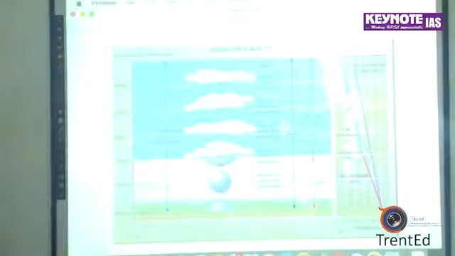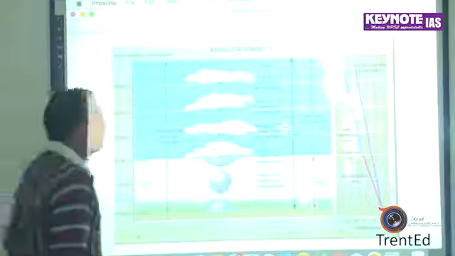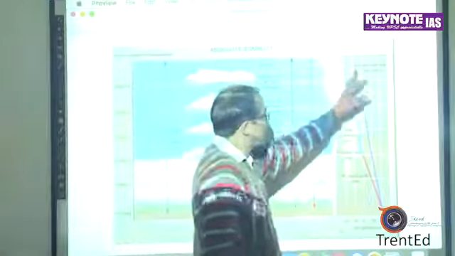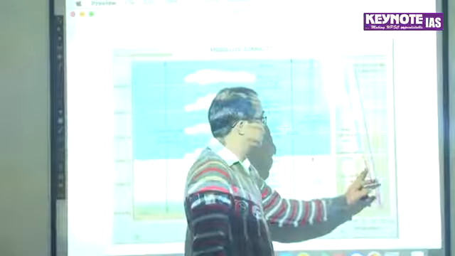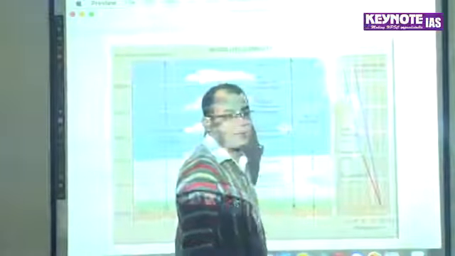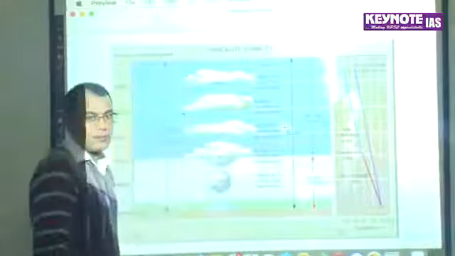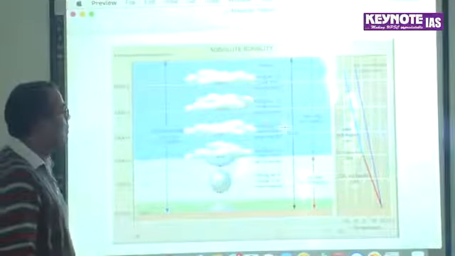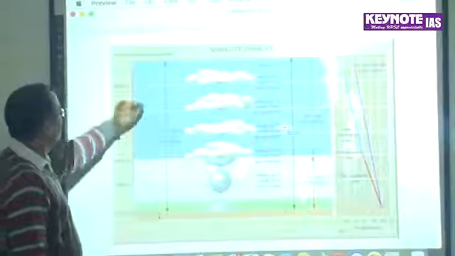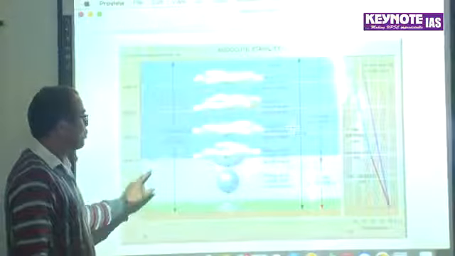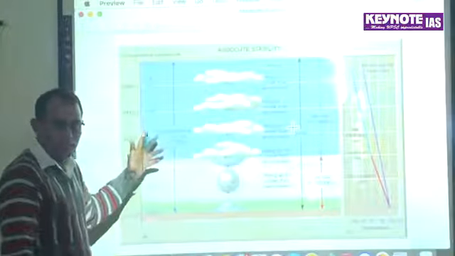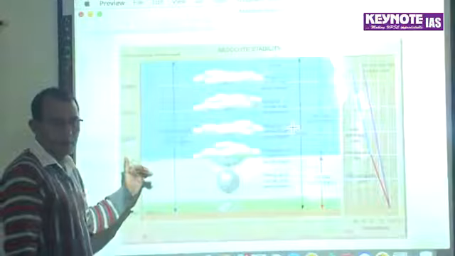This is the case of absolute stability, right? You can have this diagram when the environmental lapse rate is lesser than both dry adiabatic lapse rate and wet adiabatic lapse rate. Now look at here, environmental lapse rate is lesser than that. So obviously that means 5 degrees Celsius or 4.5 degrees Celsius. You can take any example less than 5 degrees Celsius.